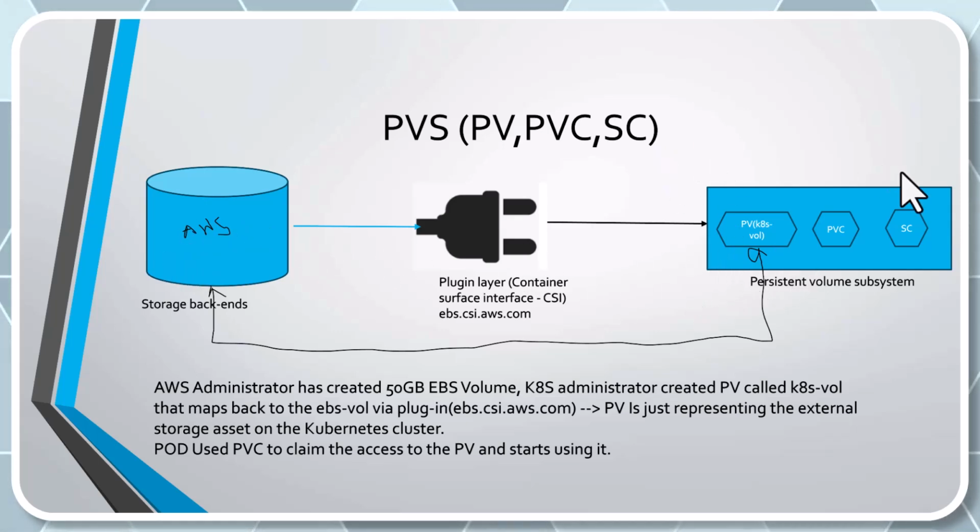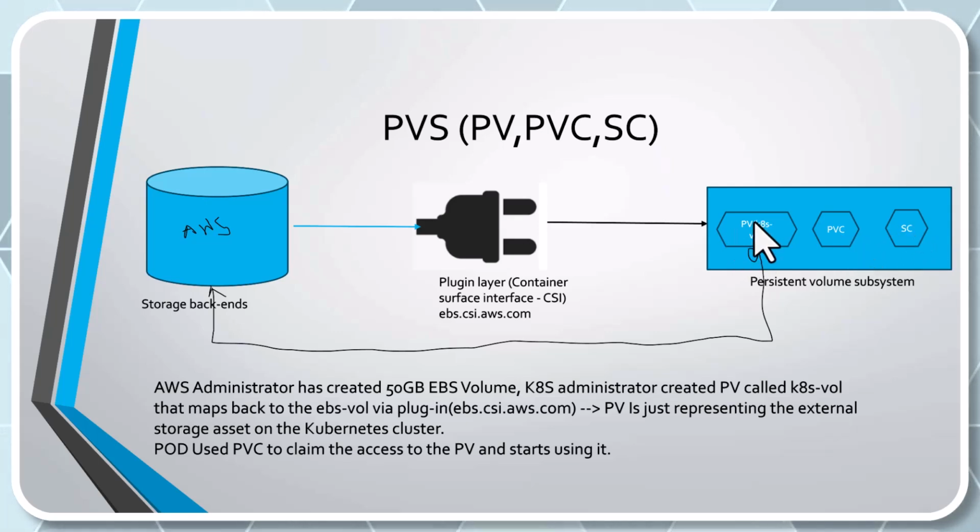Now, inside Kubernetes, we have three types of objects to connect to the external database: PV, PVC, and SC. PV is a persistent volume, PVC is a persistent volume claim, and SC is nothing but a storage class.